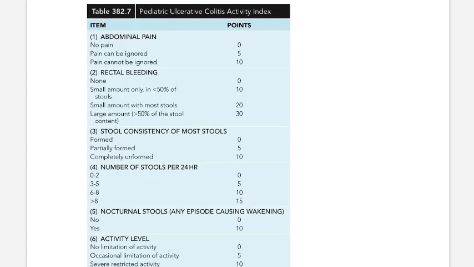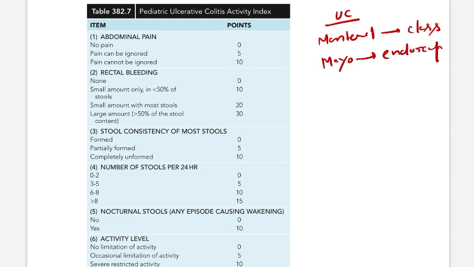Okay, is there any pediatric ulcerative colitis activity index? As we saw in ulcerative colitis, the Montreal classification is used as classification. Then the Mayo score is for endoscopy. Again, this is the pediatric ulcerative colitis activity index.